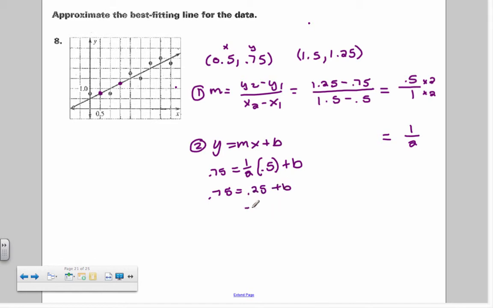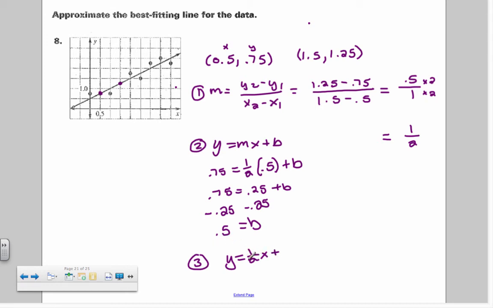And then I can subtract 0.25 from each side to find my b, and I find that b equals 0.5. 0.75 minus 0.25 is 0.5. Now that I have my b, I can rewrite my equation. I have y equals 1/2 x plus my b, which is 0.5.